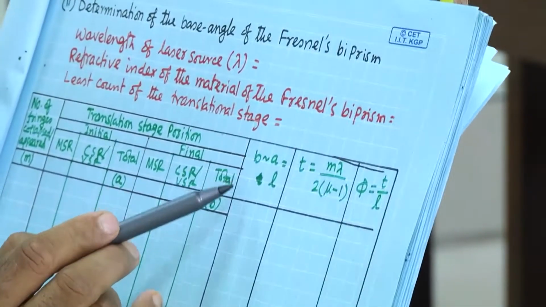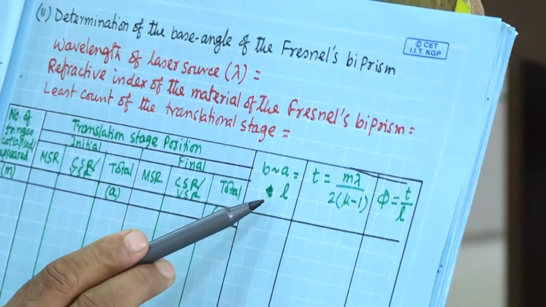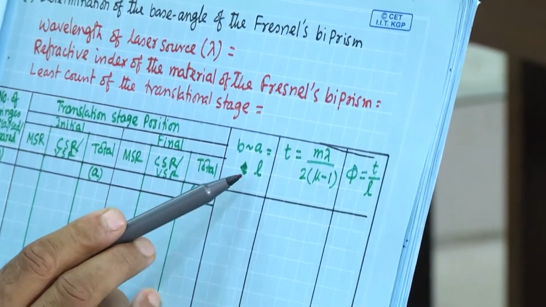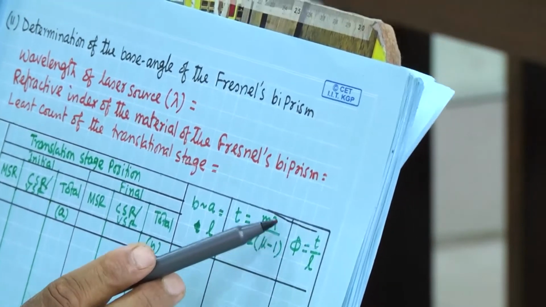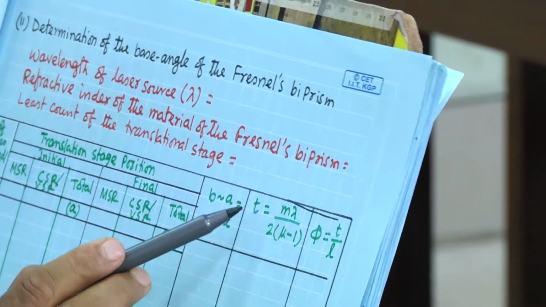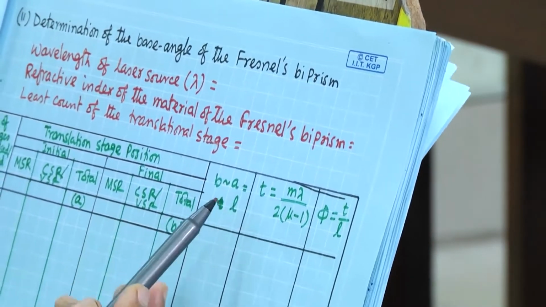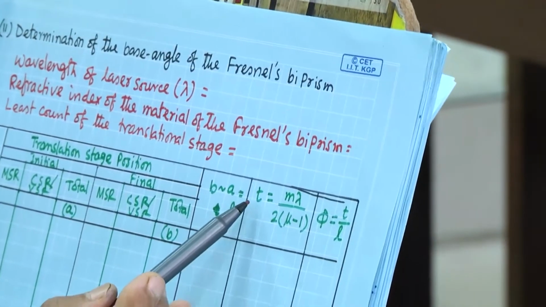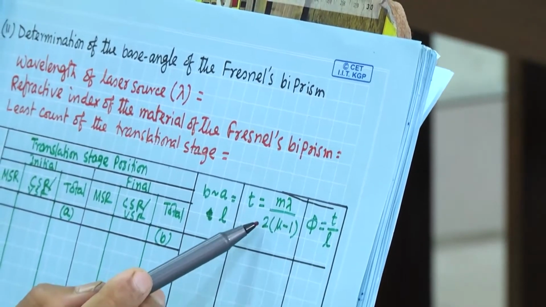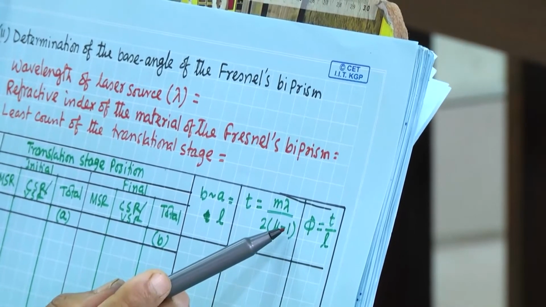The difference of these two will give you the L translation. Then this is your formula: we will find out the corresponding thickness T equal to m lambda by 2 (mu minus 1).